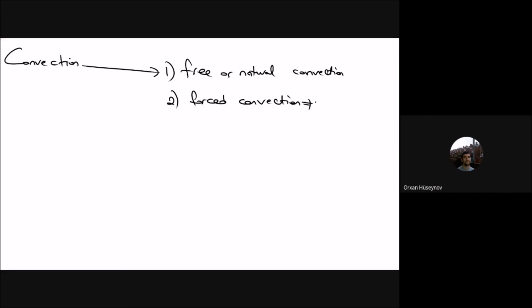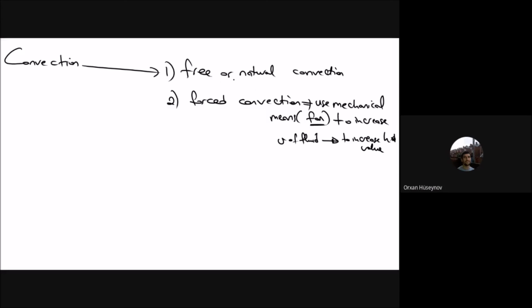For forced convection, you are using some mechanical means, for example a fan. By using a fan, you use mechanical means to increase the velocity of the fluid. If you increase the velocity of the fluid, you also increase the H value. That is forced convection.